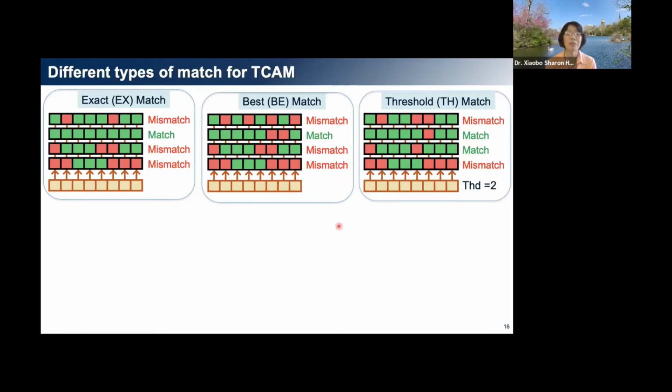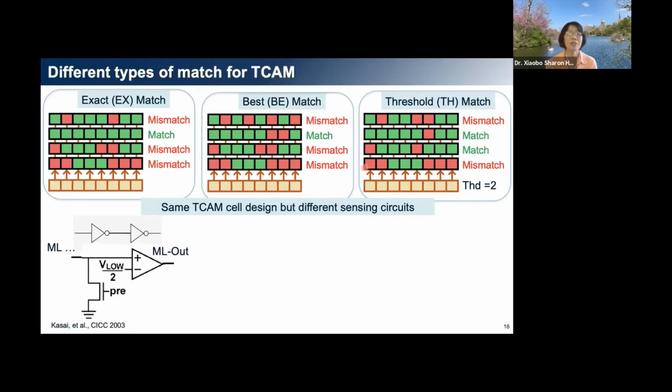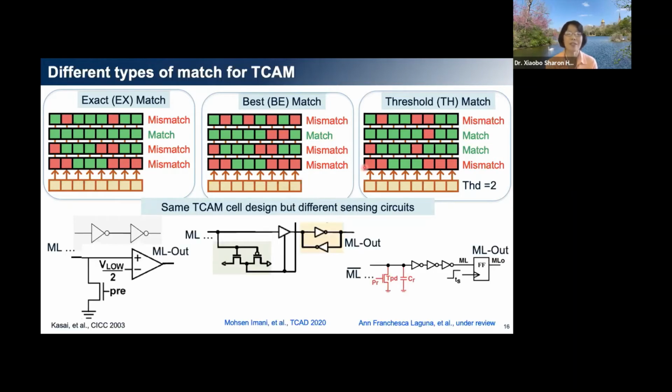So there are different types of matches. And it turned out that the same TCAM array or same TCAM cell design can accomplish all these different types of matches, but the difference is in the sensing circuit. I will skip the details of how the sensing circuit works. And if you're interested, you can look at our work and also some other works I put down here.